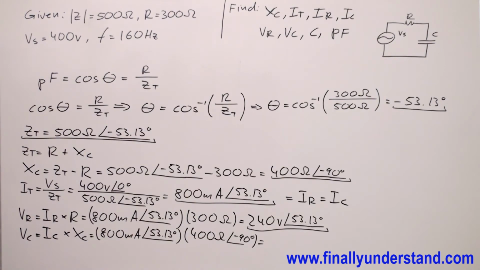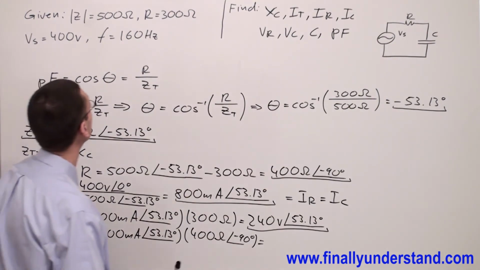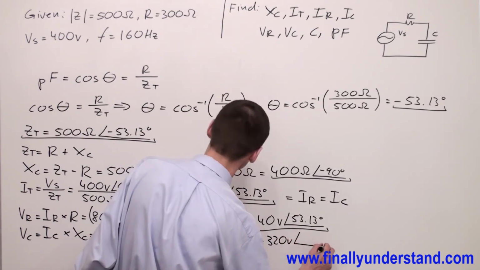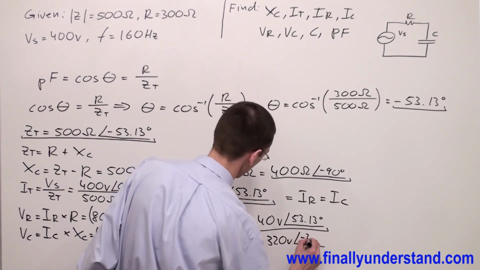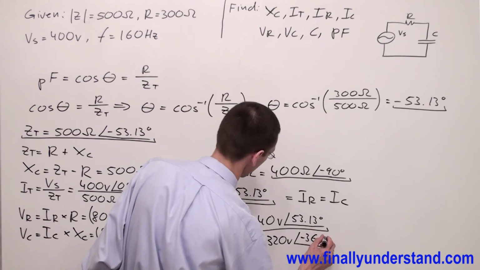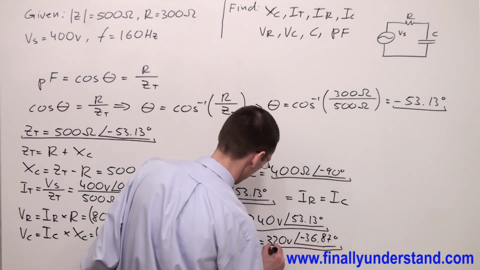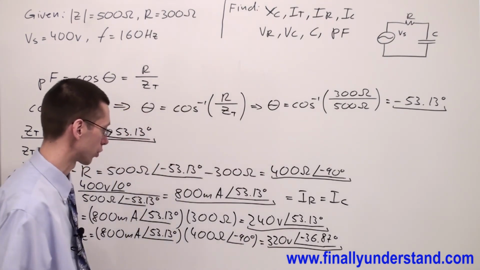Okay, so this is equal to 320 volts and angle of negative 36.87 degrees. So this is the voltage across the capacitor.